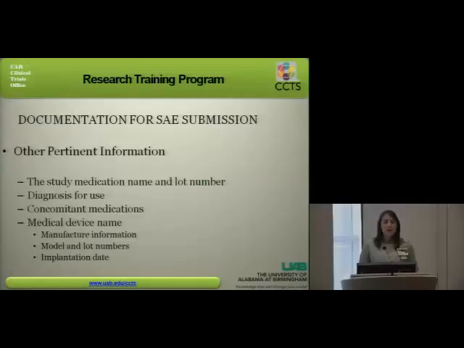Any other pertinent information should also be submitted with the SAE form: the study medication name and the lot number, the diagnosis for use, any concomitant medications, and the medical device name, such as the manufacturer information, the model and lot numbers, or the implantation date.